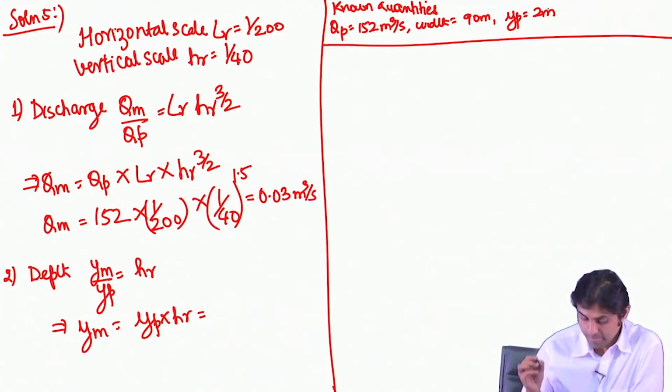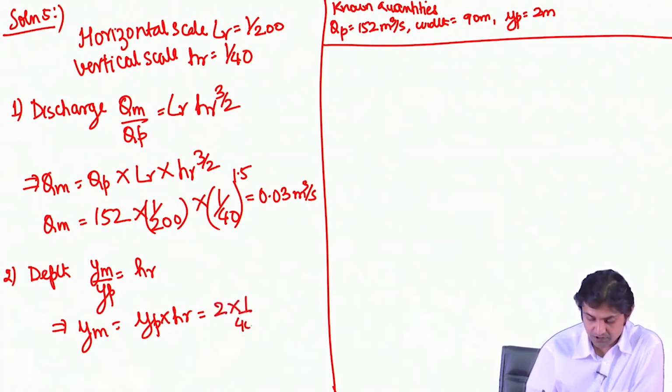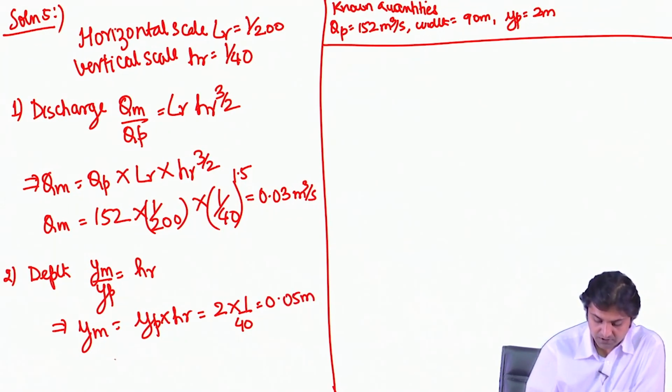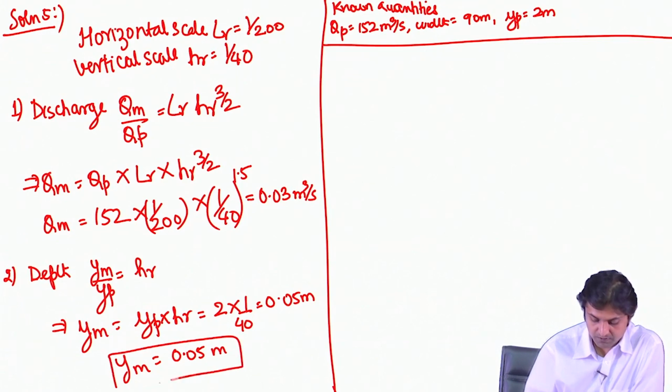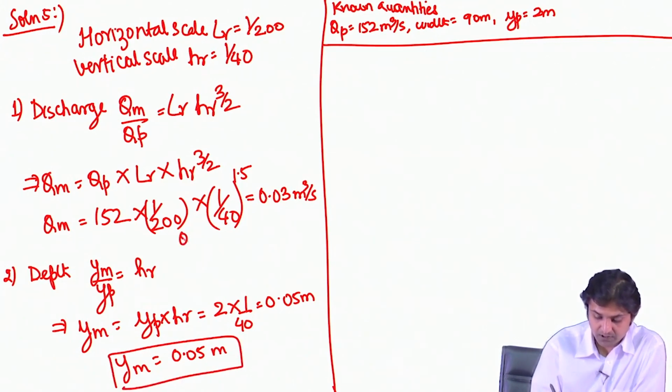So Yp was 2 meter into Hr was 1 by 40, and it comes out to be 0.05 meter. So in model, Ym is 0.05 meter, and Qm was 0.03 meter cube per second.